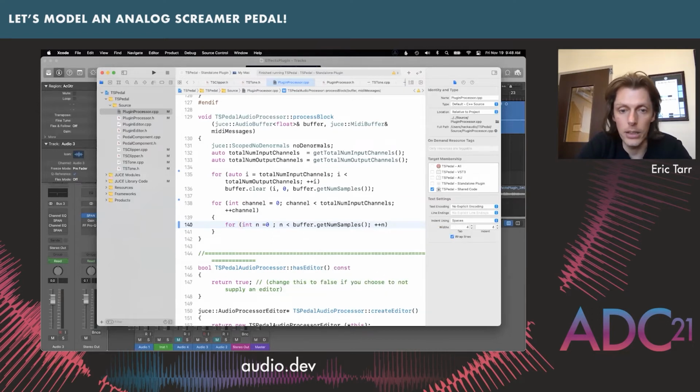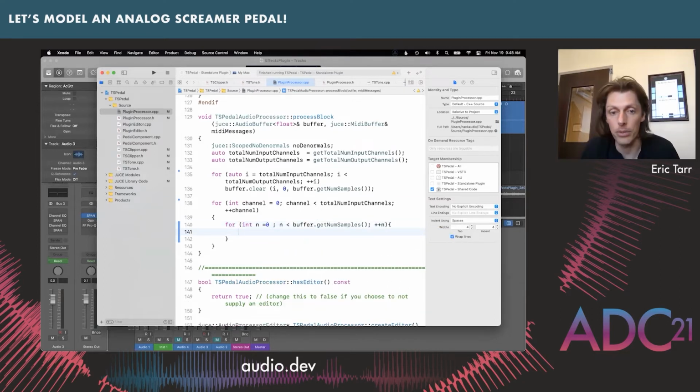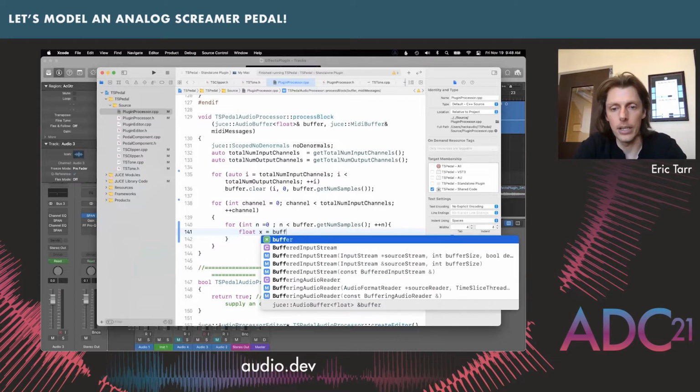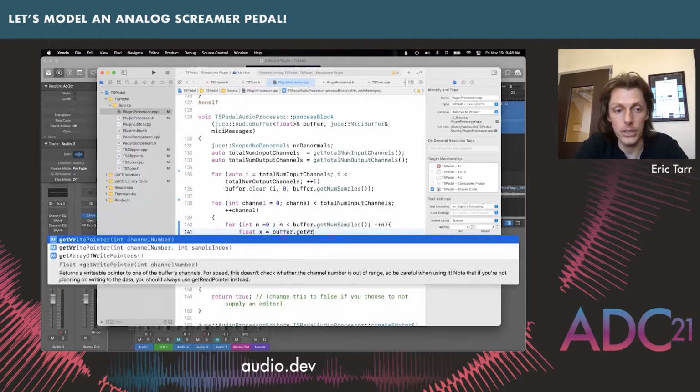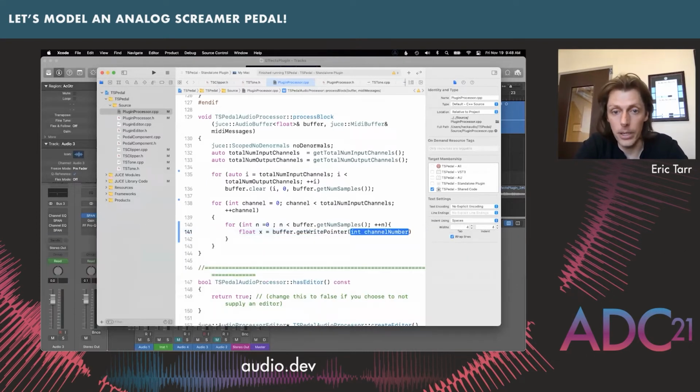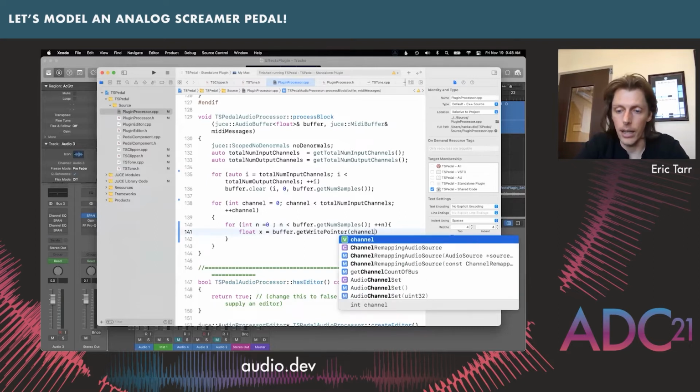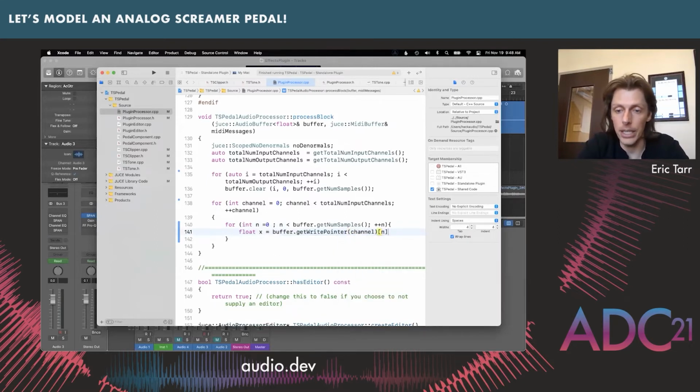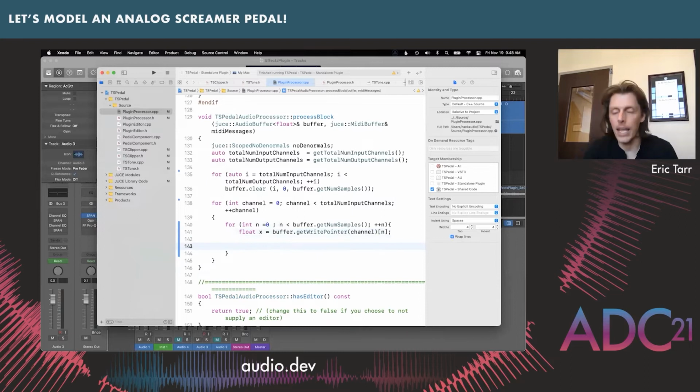So this will write a loop that we can go through each one of the samples of our buffer. Let's get a float from that. We'll just call it x, which is buffer.getWritePointer for the channel number, for the index of the sample n here. Now this is the thing that we want to pass in to our effect and have it do the processing.